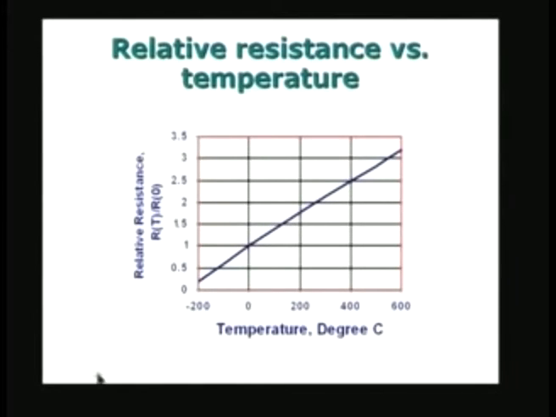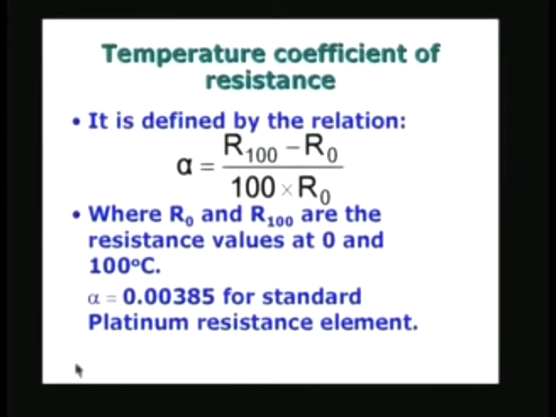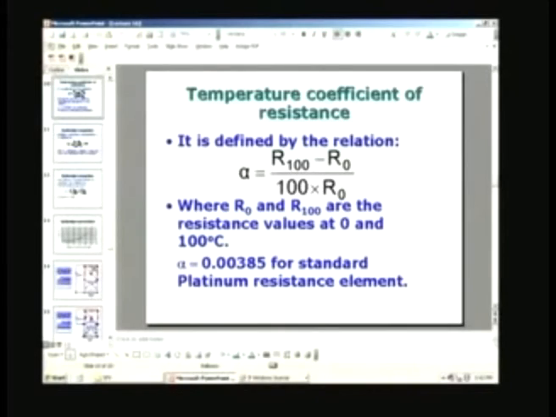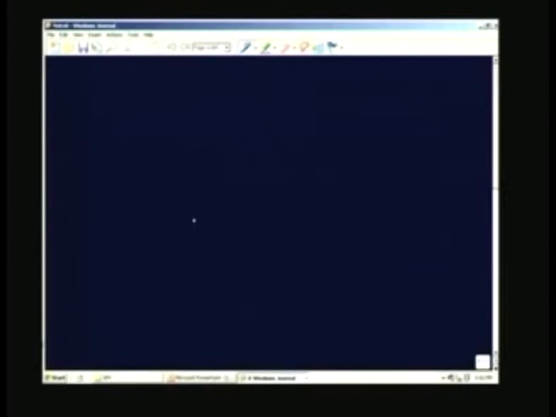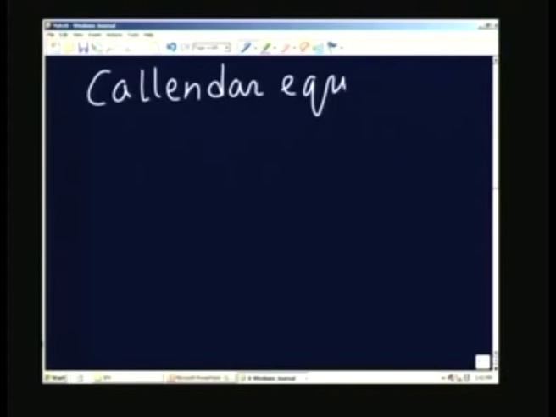And this aspect I will cover on the board. I will give a little discussion on that, and I will indicate how we are going to take into account this non-linearity by looking at what is called the Callender equation. I will derive this equation in a very simple fashion. I will indicate the steps.